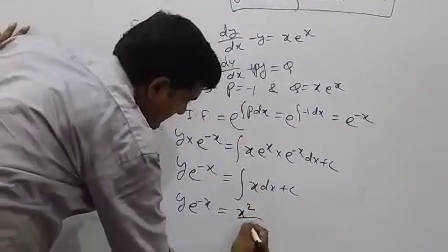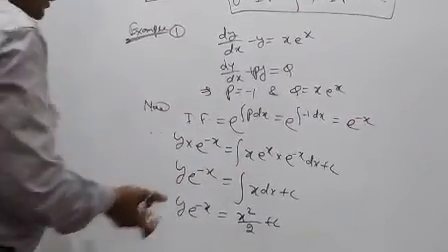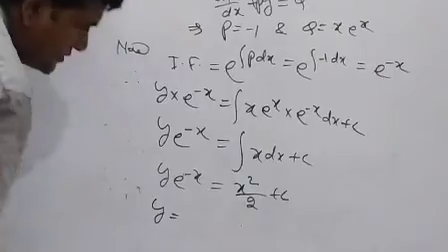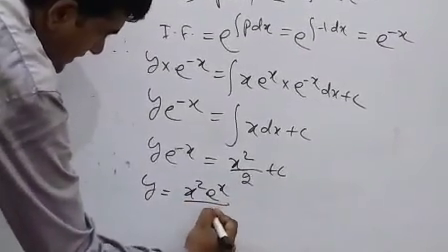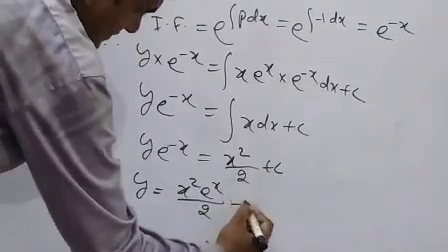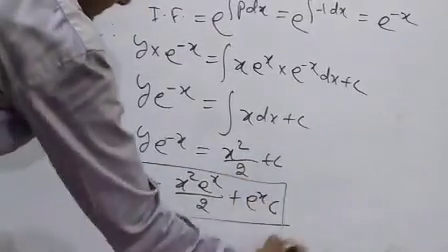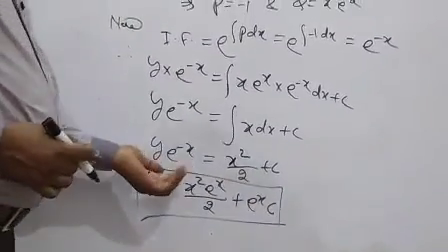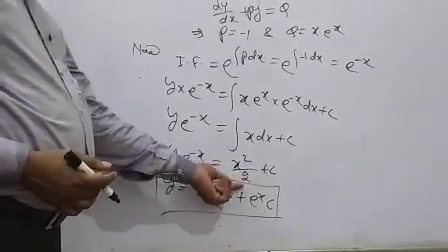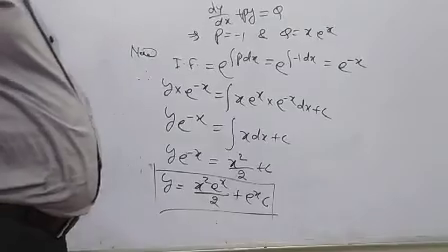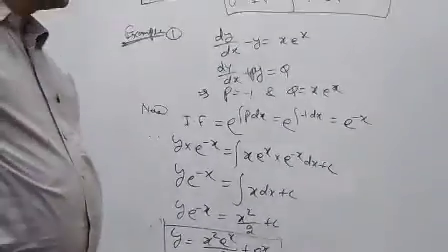Means x square by 2 plus c. Clear? Now if you want to write y, then y is equal to x square e power x upon 2 plus e power x into c. This is required, by multiplying both sides by e power x, e power x cancels here. Any doubt? Any problem? Very good.